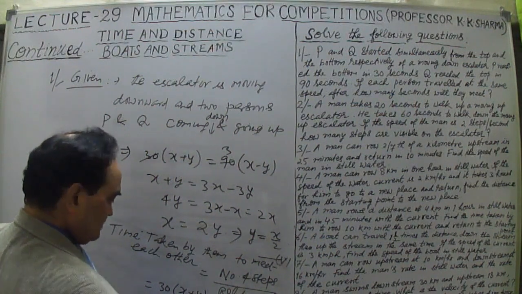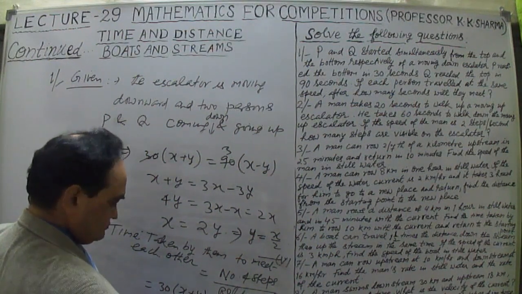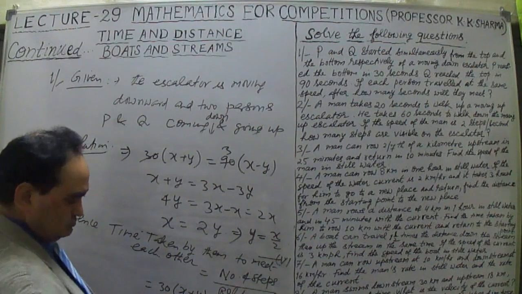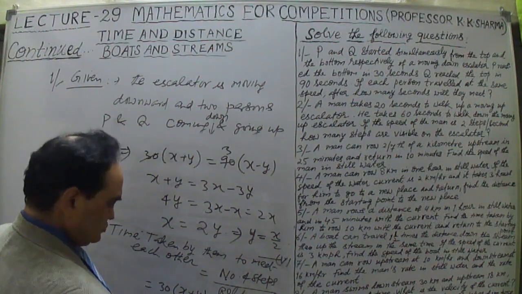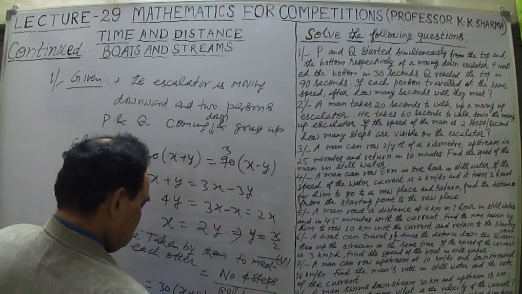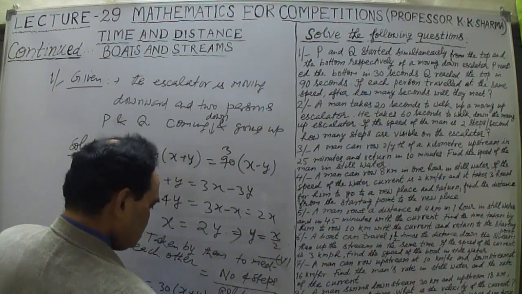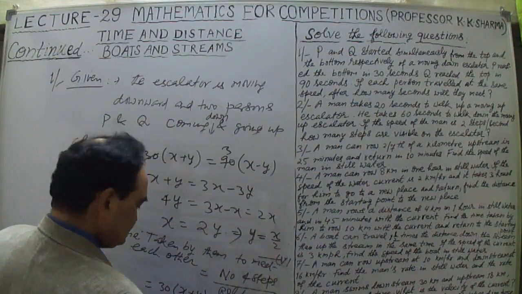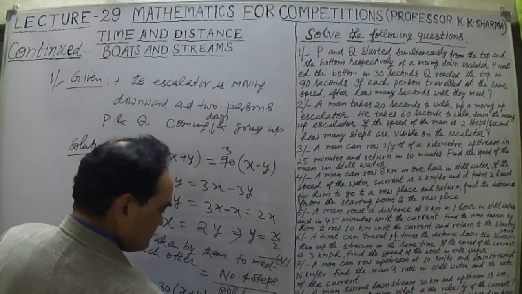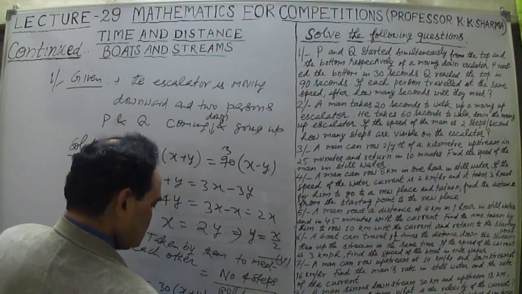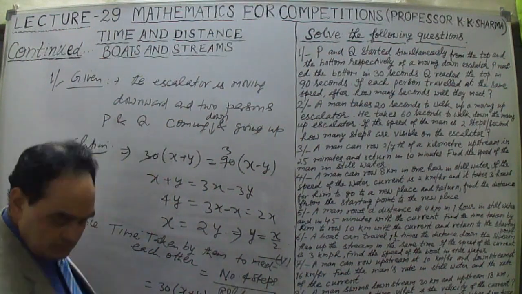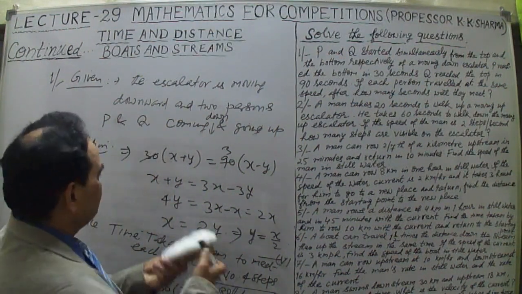Now minus y plus y cancel out, so this is twice x in the denominator, and in the numerator we convert y into x. Y is x upon 2, so it will be x plus x upon 2, divided by twice x.